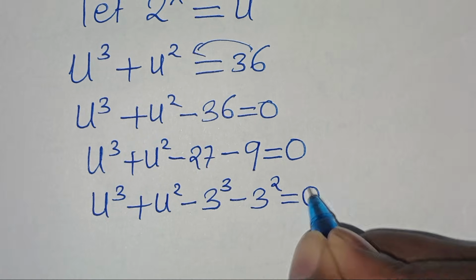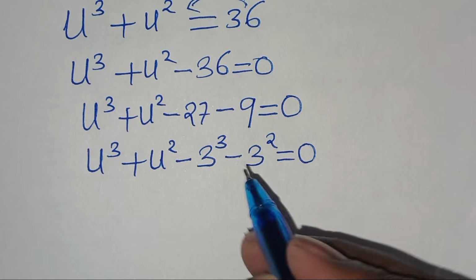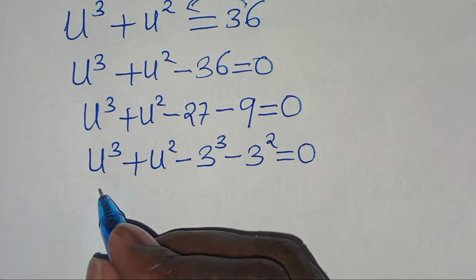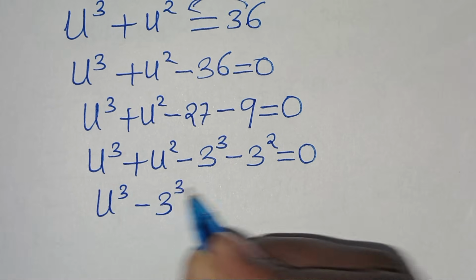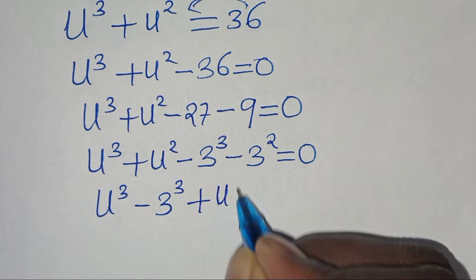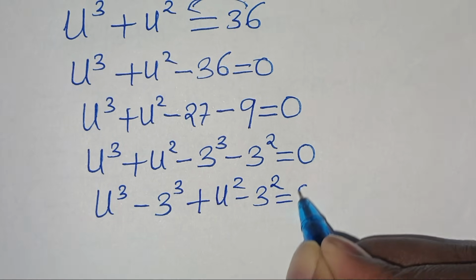This is equal to 0. So we have u to the power of 3 here and 3 to the power of 3 here. So this is u to the power of 3 minus 3 to the power of 3, then plus u to the power of 2 subtract 3 to the power of 2. This is equal to 0.